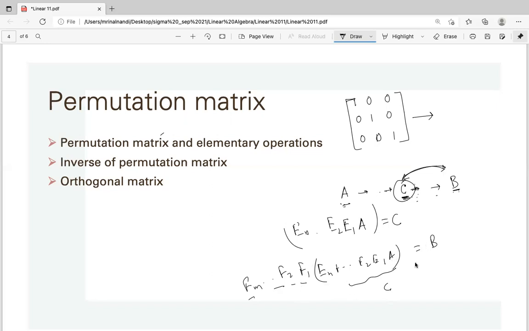That means the determinant of C and the determinant of B have the same modulus value. And C is nothing but some permutation of rows or columns. Permutation of rows is the same as permutation of columns.